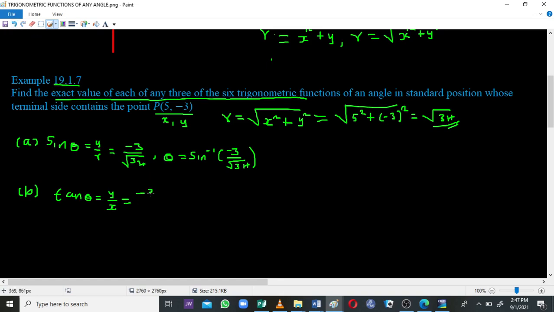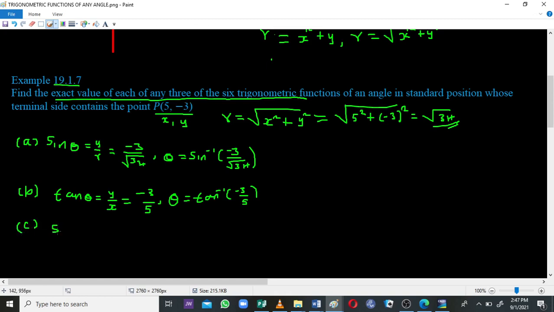That's -3. Our x value is 5. To find the size of theta, this will be tan inverse of -3 over 5. You can again use your calculator and you're going to find the size of that angle.